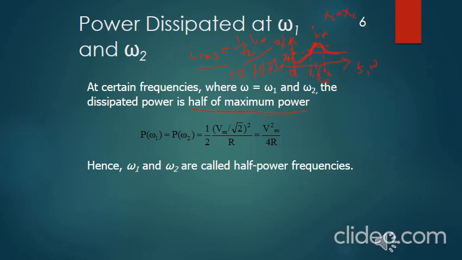As we know, the average power is half of the maximum power, and it is also calculated in the RMS situation. So we can easily call omega 1 and omega 2, or F1 and F2, the half power frequencies.